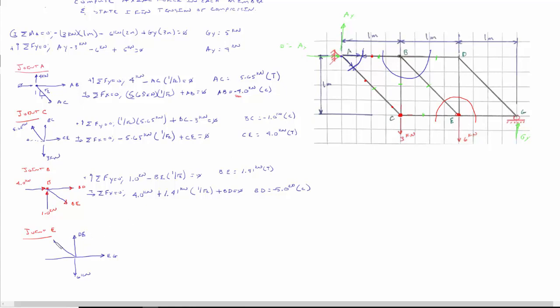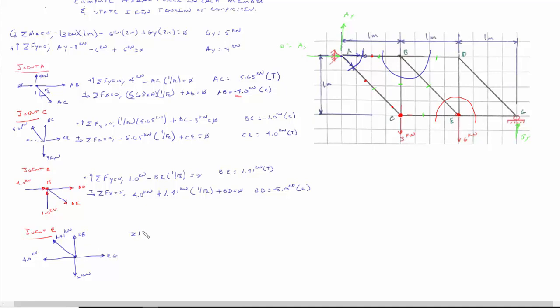So again, we draw in tension 1.41 kilonewtons. And then let's look at CE. CE was also 4 kilonewtons, and that's also in tension. So again, I draw going away from the joint because it's in tension.